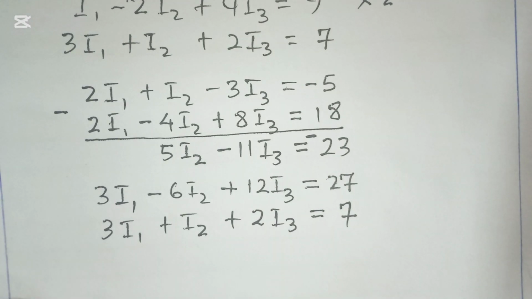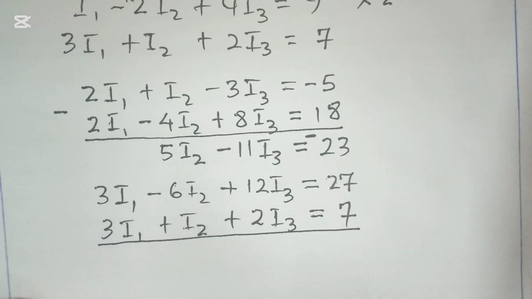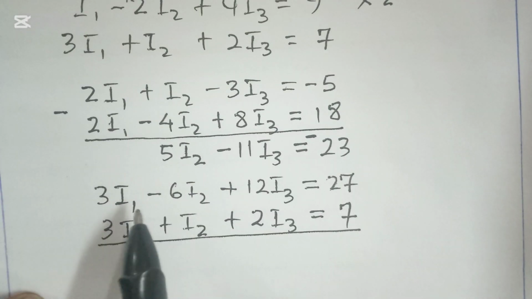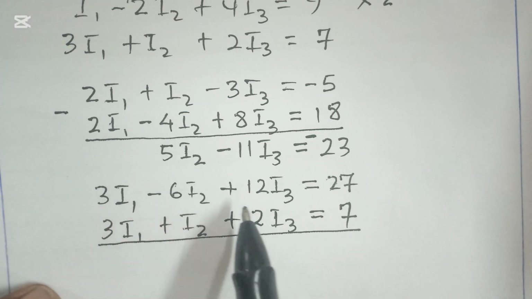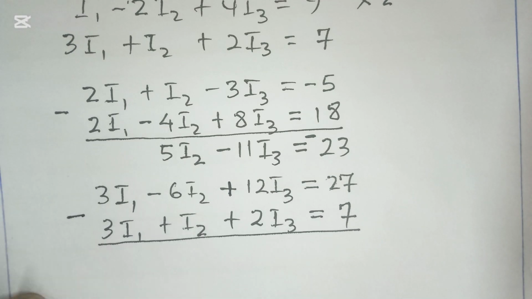So guys, now I come and subtract. But before I do that, it's always good to check so that you don't make any mistake. After multiplying, this is what I found, and I think it's quite correct. So we can subtract here.